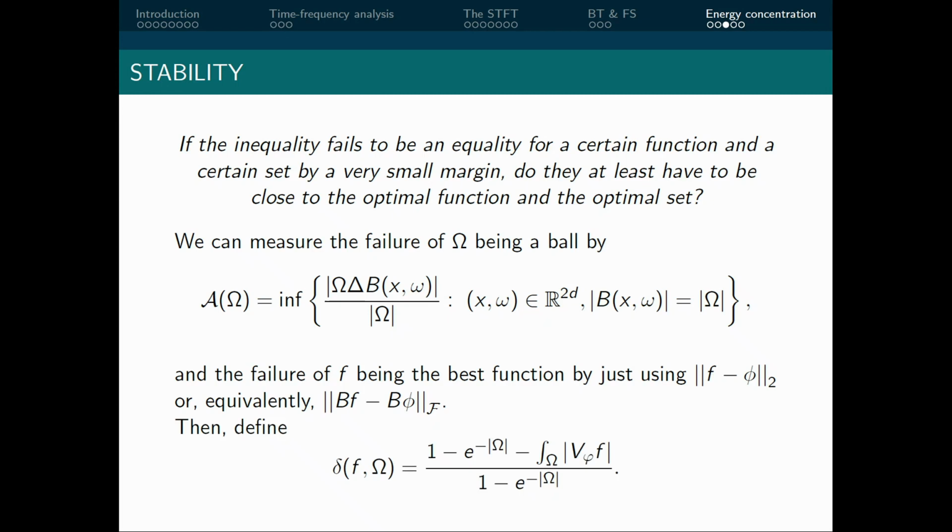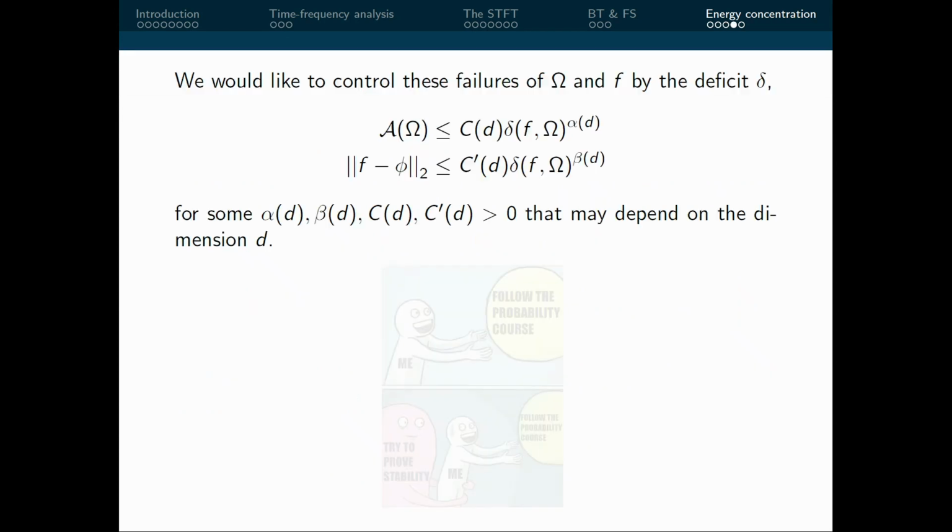And then you define how badly the inequality fails from being an equality, which is basically the right side of the inequality minus the left side, and then you can quotient just to have a relative measure again. And so the idea would be that if this is small, then this is small, and this is small as well. So you can formulate this in this kind of result.